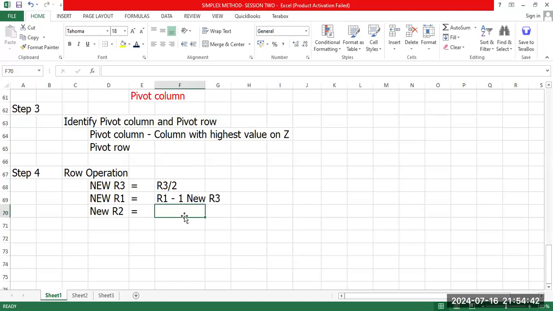Penina, I want you to now answer this. Which formula are you going to put here? Row 2, the row you want to change, minus the figure, times new row 3.